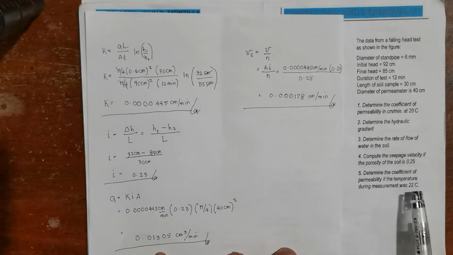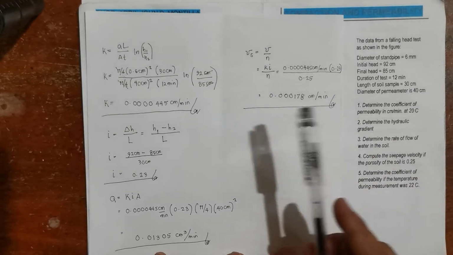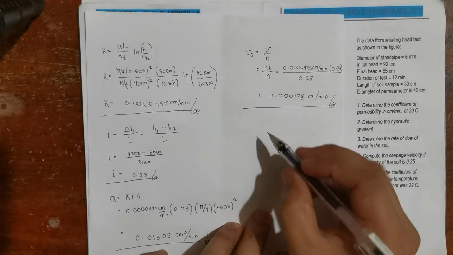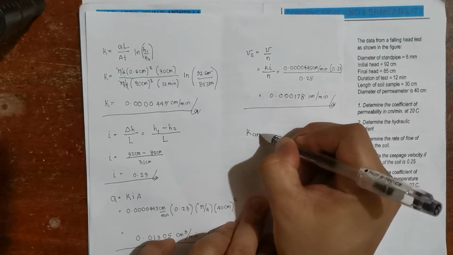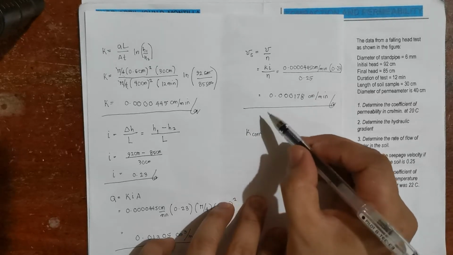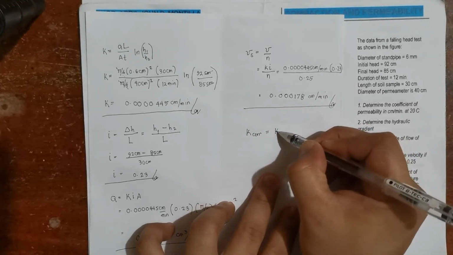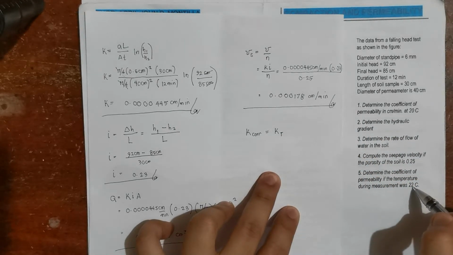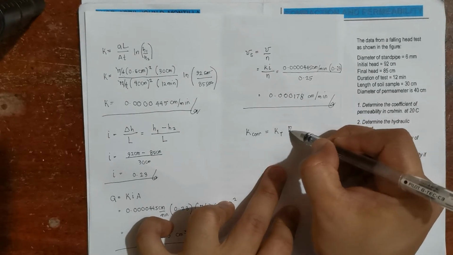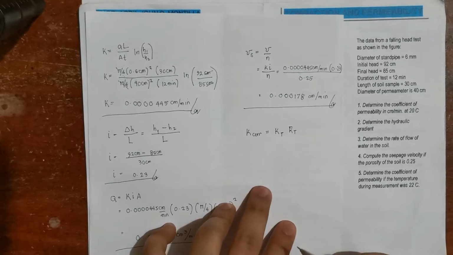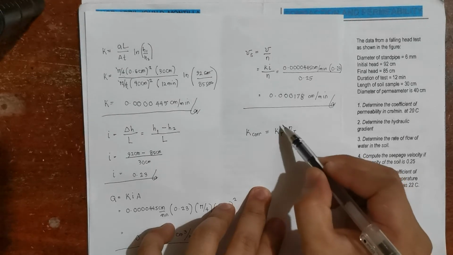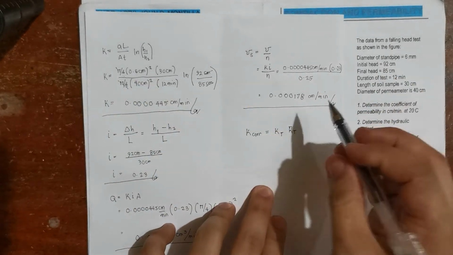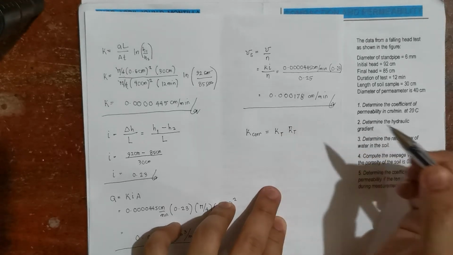So, i-correct natin, kukunin natin mismo yung corrected hydraulic conductivity at a temperature of 20 degrees Celsius. So, para makuha natin yon, K corrected, which is at 20 degrees Celsius, is equivalent to the product of K computed at a temperature of 22 degrees Celsius multiplied by the temperature correction. So, meron tayong computed hydraulic conductivity kanina at 22 degrees Celsius. And then, compute na lang natin mismo yung temperature correction.